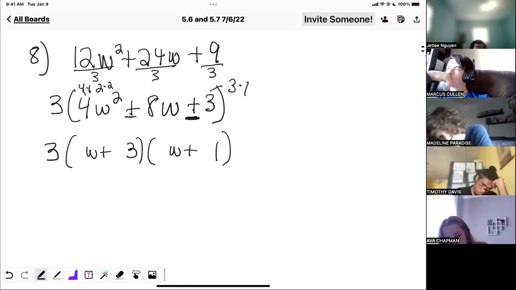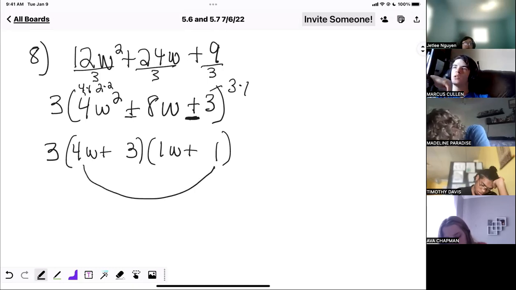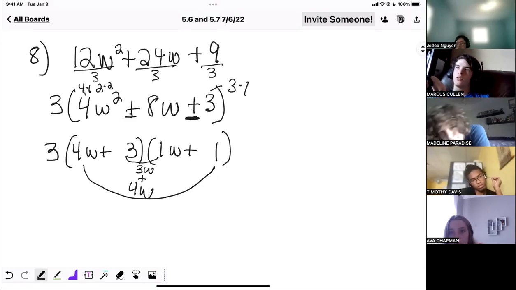So let's try 4 and 1. I'll just put a 1 here to hold the spot so you can see a 1. So I look at my outsides. 4W times 1 is 4W. I look at my insides. 3 times 1W is 3W. Ooh, close. That's 7W. That's not 8W. It's really close, like really close.